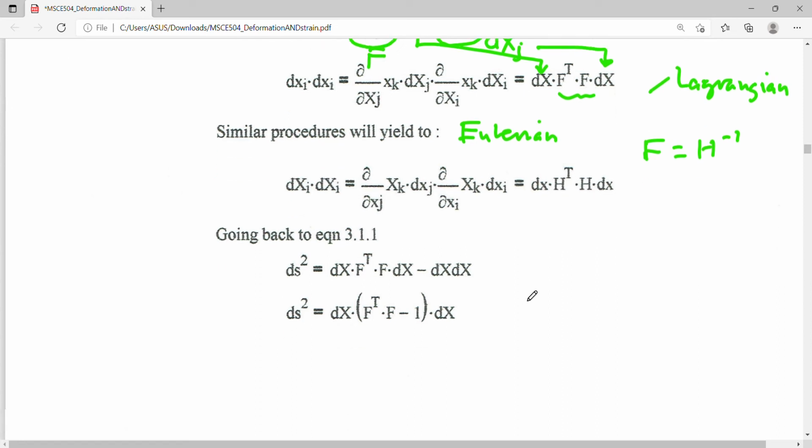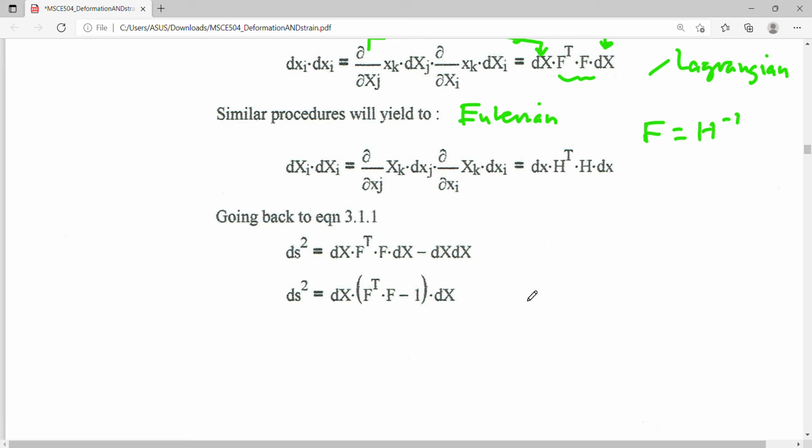And going back to the original equation before, this is now your ds squared is equal to d small x minus d capital X. So this is now r. Okay, substitution for dxi dxi, and simplifying further, factoring, we get this.